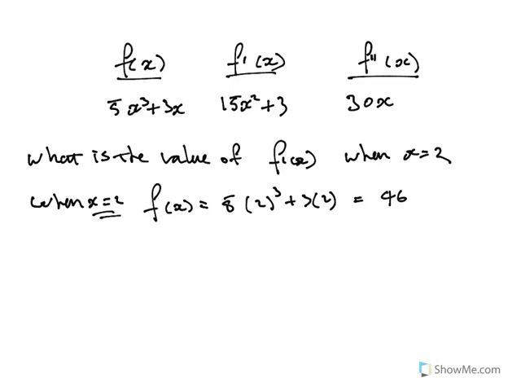But f dash of x is actually 15 times 2 squared plus 3, which is 63. So the value of the function is 46, its gradient is 63. That's the difference between finding the actual value of the function and the value of the gradient.